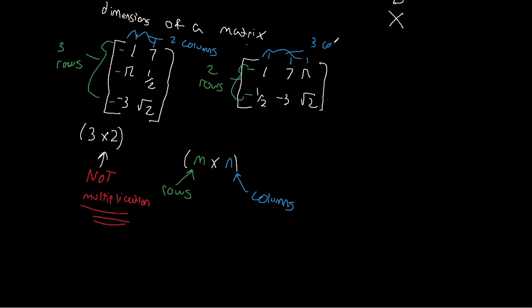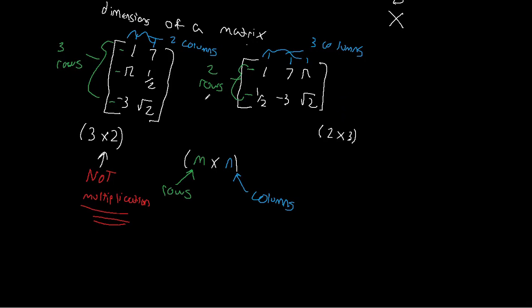Right, 3 columns. Right, so this matrix is a 2 by 3. Right, 2 rows by 3 columns. Again, not multiplication. 2 by 3. 2 rows, 3 columns, 2 by 3. Okay? Hopefully that makes sense.